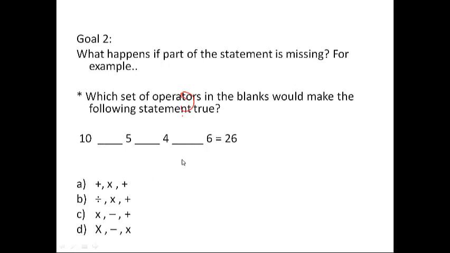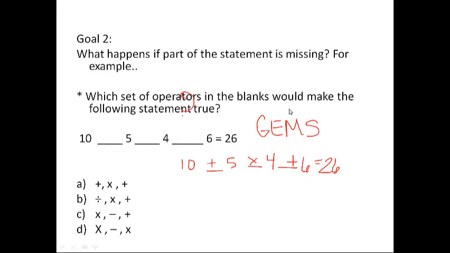For example, let's fill in the blank. So A says addition, multiplication, addition. Now remember your GEMS. Doesn't matter what math problem it is, GEMS is applied. So I'm not going to do 10 plus 5 first. No grouping symbols, no exponents. I do have multiplication and division: I have this right here. 5 times 4, 20.